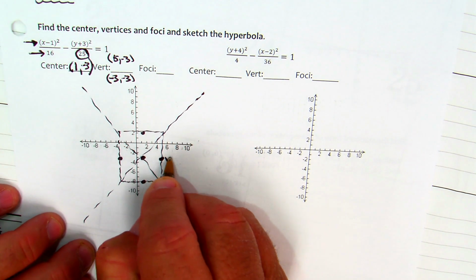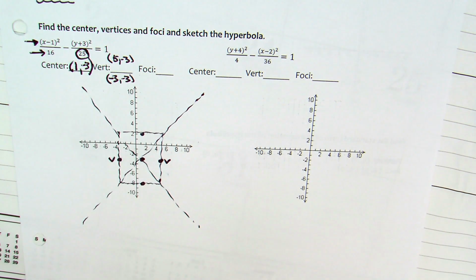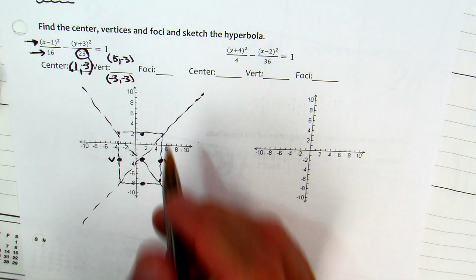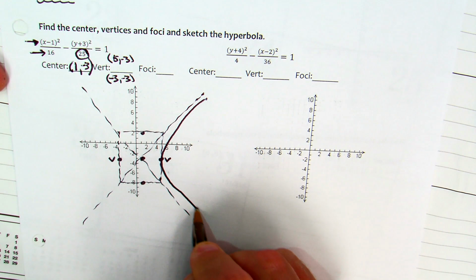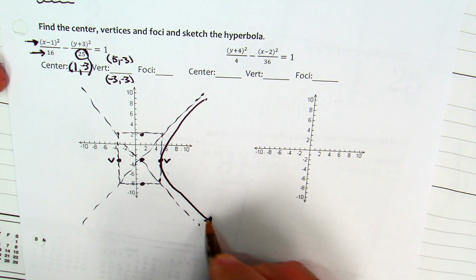Now, these were the vertices. Your hyperbola curves go through those vertices. So all you need to do is create a curve that goes through the V that then hugs the asymptotes.